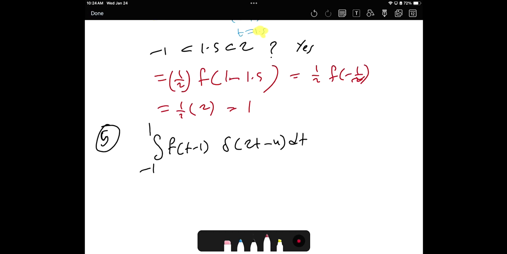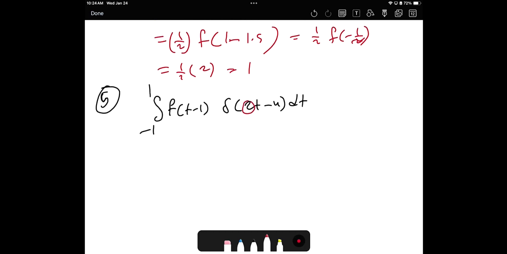So the first thing, we have 2. So we will take 2 as a factor. So integral between -1 to 1, f of t minus 1, then delta of 2, between brackets, t minus 4/2, which is 2, dt. Then we will put 2 outside, 1/2.